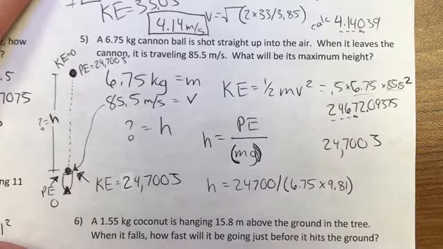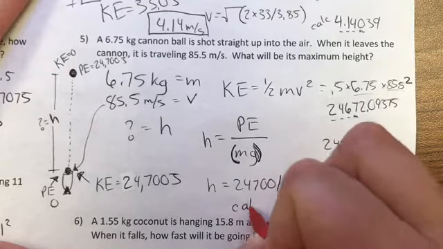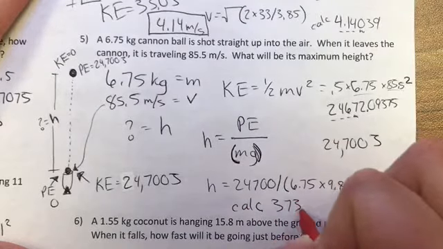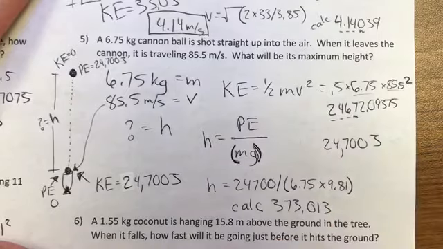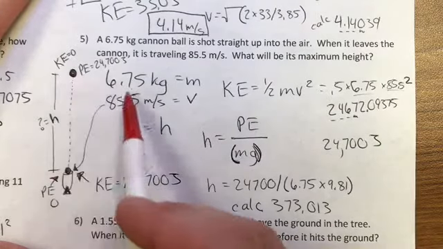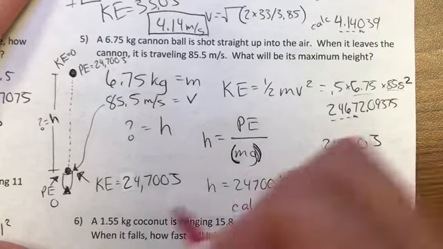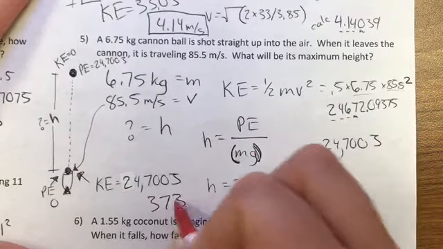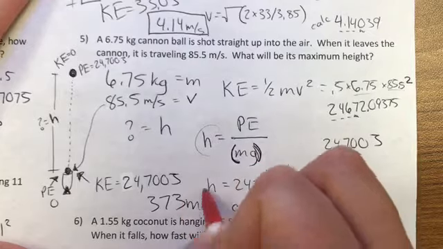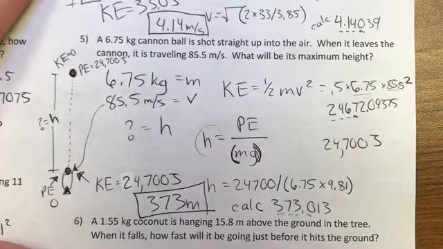Close your parentheses. Calculator says 373.01. 3 sig figs, the 0 is not going to affect, so 373 meters high. It's pretty high.